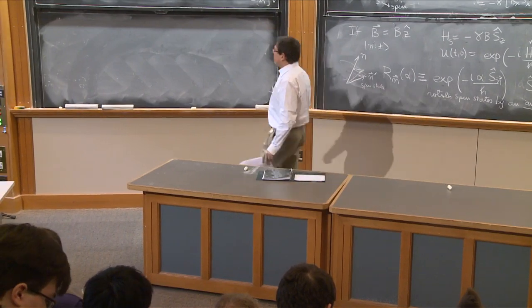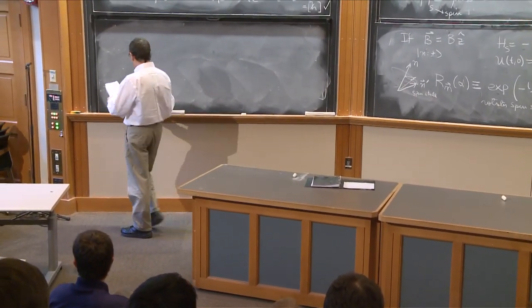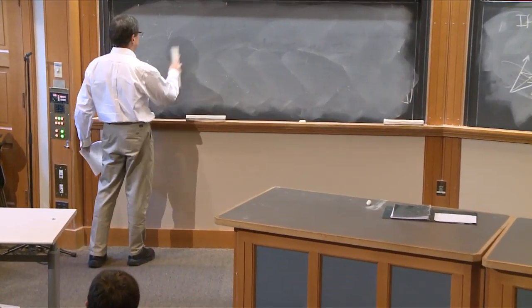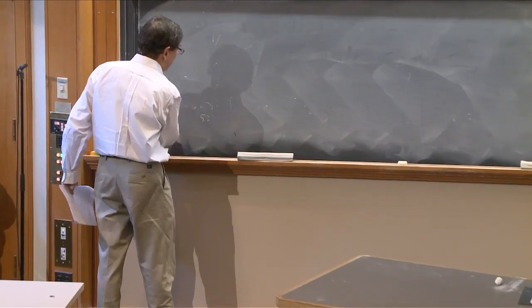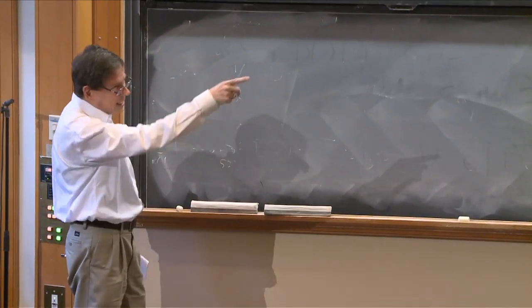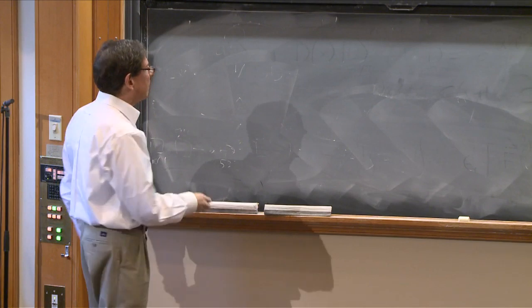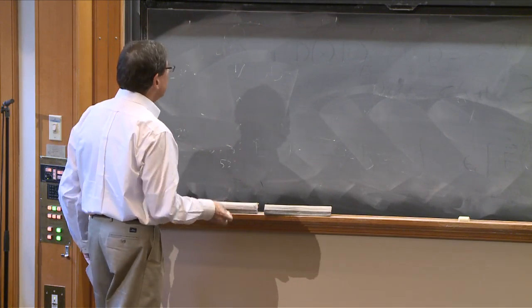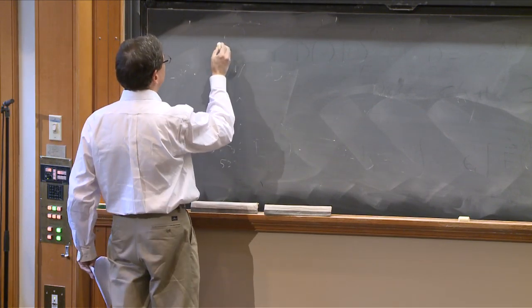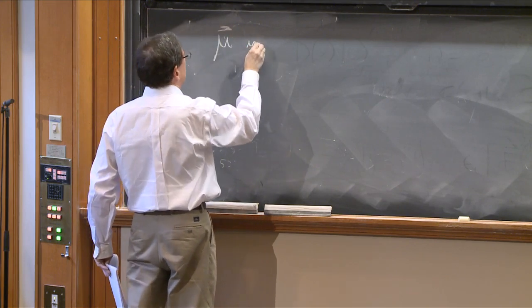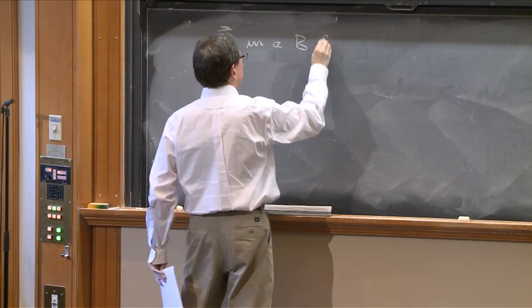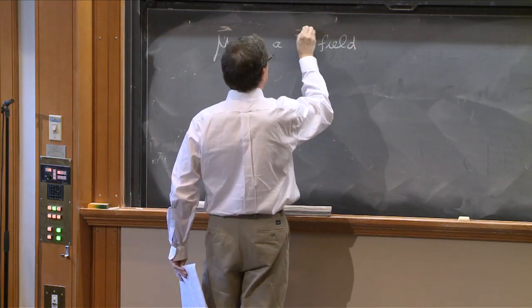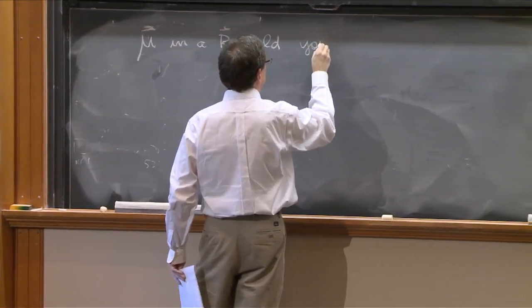What is it about spin precession? Is it a quantum phenomenon or a classical phenomenon, or both? Well, it's really both. And this idea of precession, you can get it from the classical picture as well. So what do you have? If you have a mu in a B field, you get a torque.